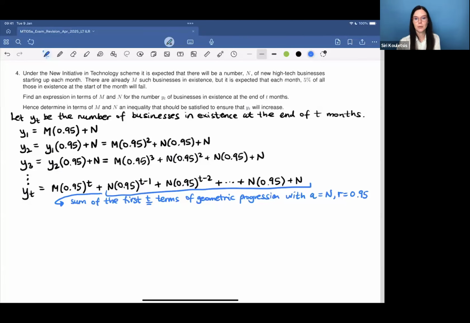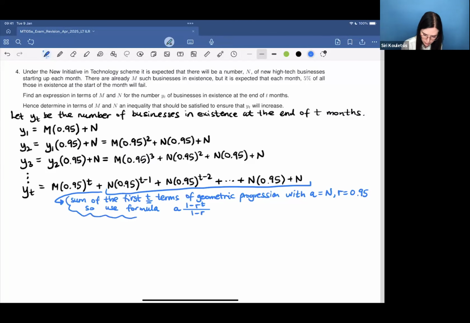So in terms of the notation given in the course, the formula is a times 1 minus r to the t, over 1 minus r. And of course, you can put that a in the denominator if you like, that's the same thing. So this is the key here: this power t is the number of terms, which we have figured out is t.